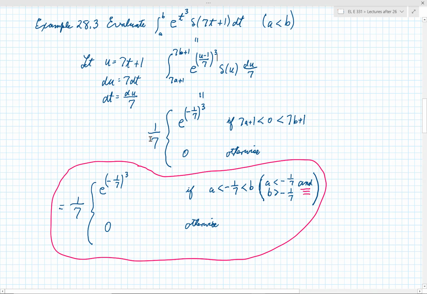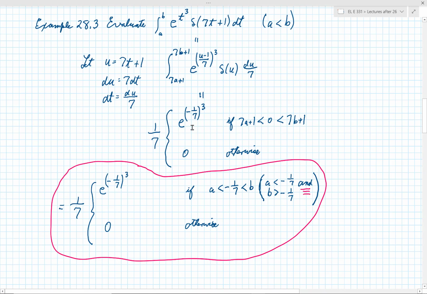I'll pull this 1/7 out in the front, and for the rest of it, I will observe that as long as the point where the argument of the delta function, which is u, equals 0 is in this range, then the value of the integral is simply the rest of the integrand evaluated at the point where the argument is equal to 0.